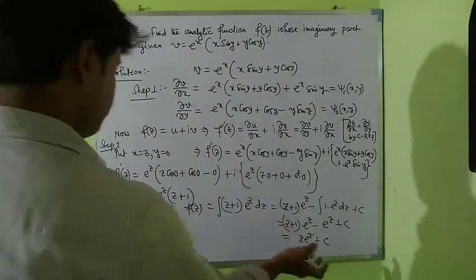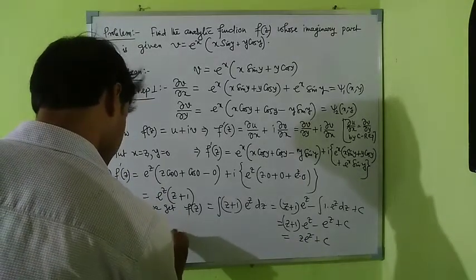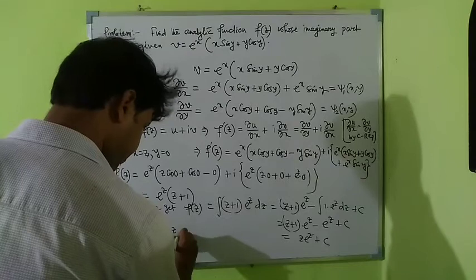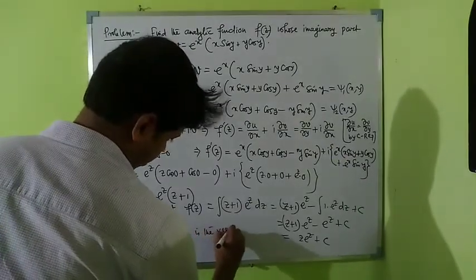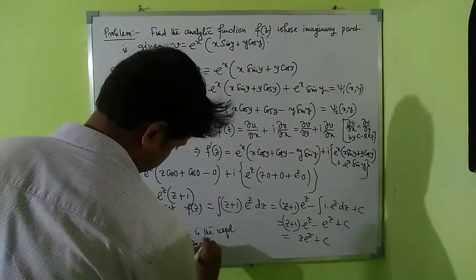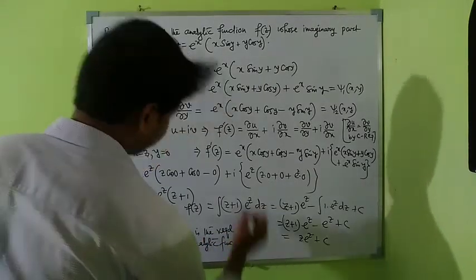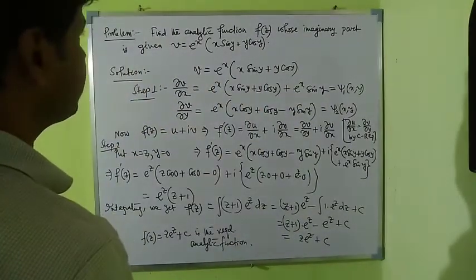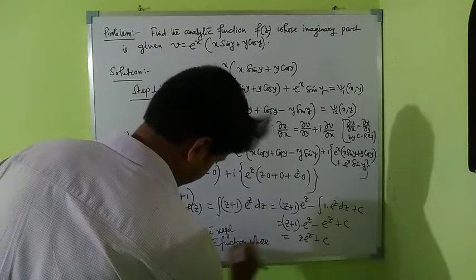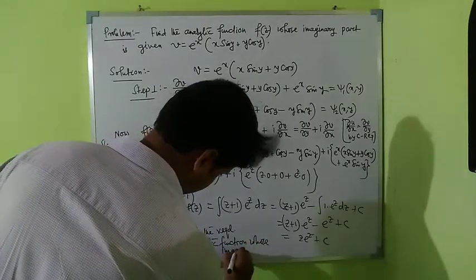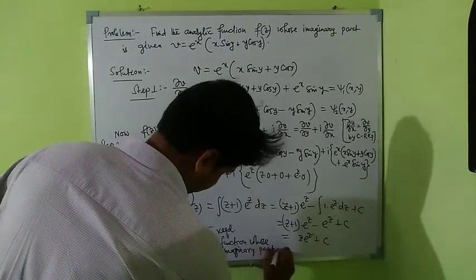So this is the analytic function. f(z) equals z e to the power z plus c is the required analytic function whose imaginary part is given.